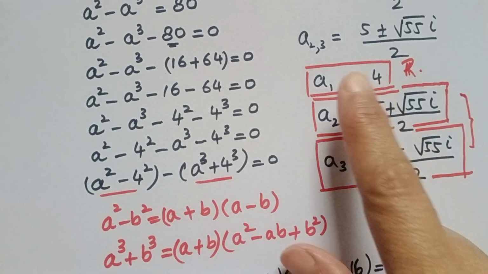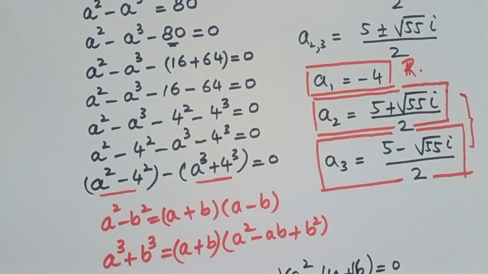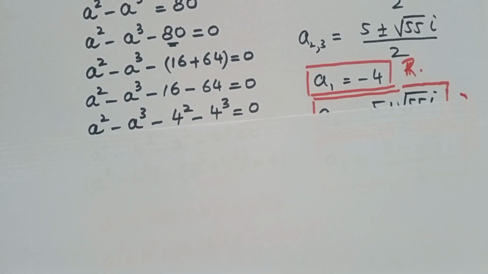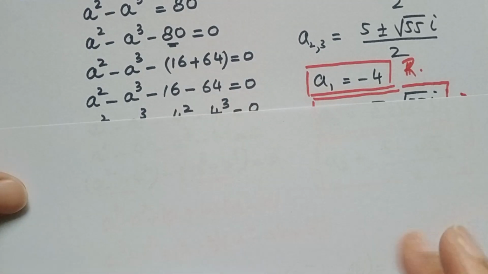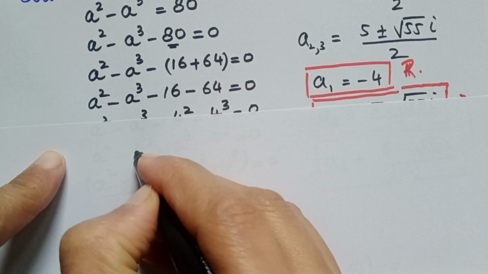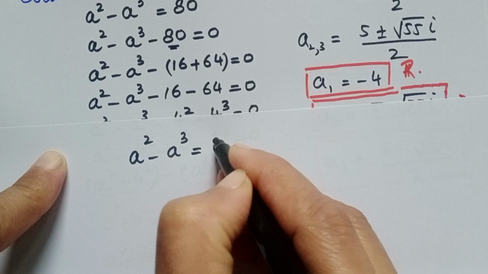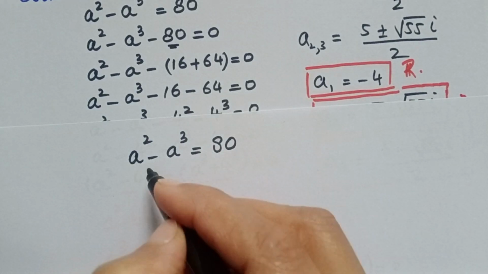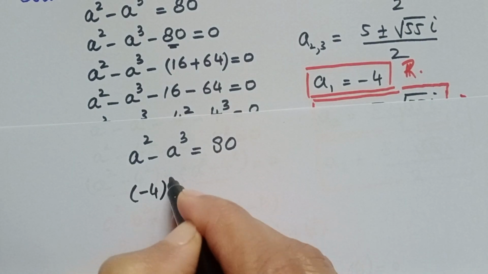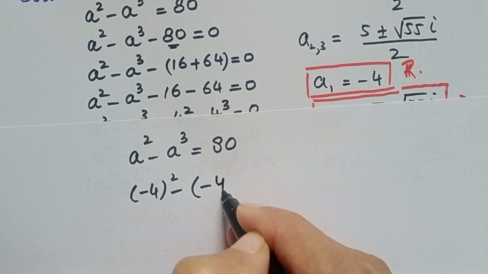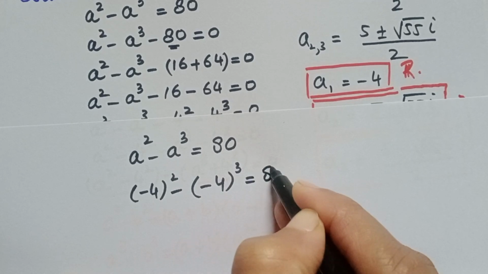We will check this root, a1 is equal to minus 4. To check the root, we will write a square minus a cube is equal to 80. So for a, we will write minus 4 square minus minus 4 cube is equal to 80.